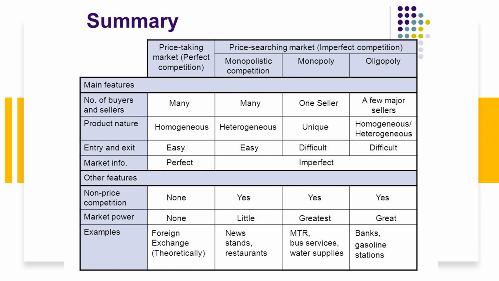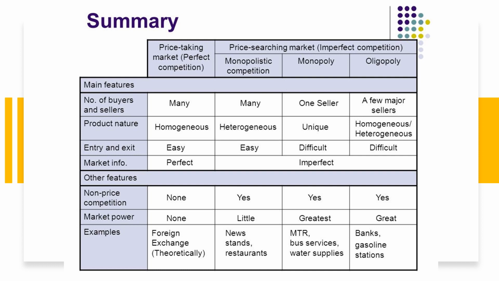In perfect competition, there's no non-price competition. In monopolistic competition, there is non-price competition, so there are differentiators. And in monopoly, there is as well. In terms of market power, in perfect competition, there's zero market power.